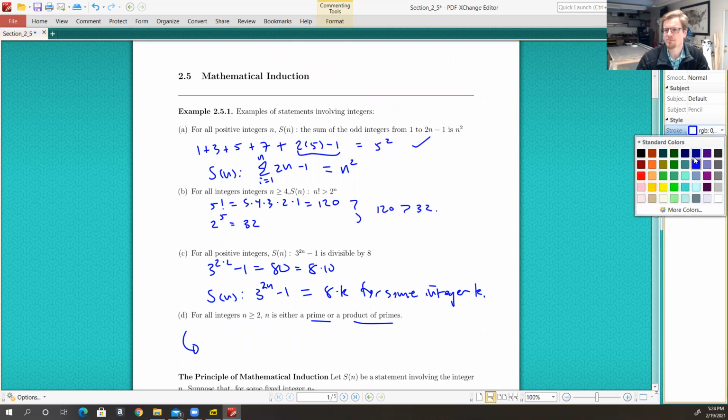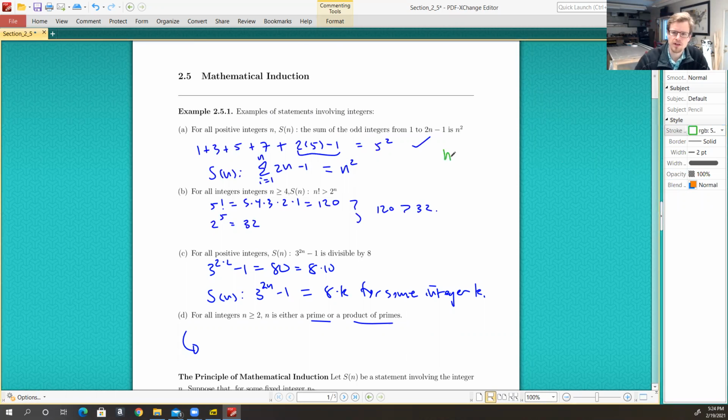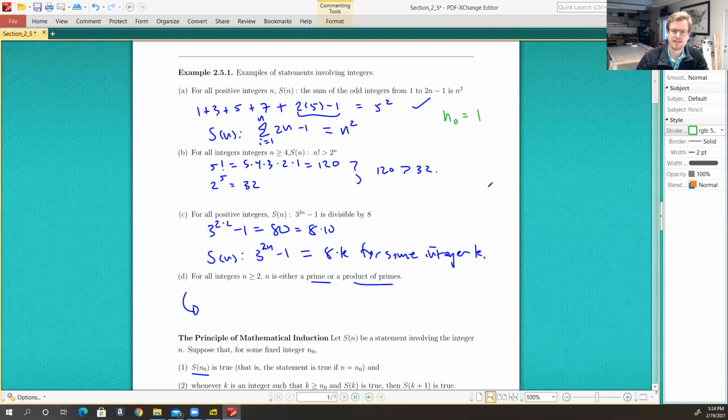So in our examples above, our base cases would be, for the first one, the smallest value of n that we could have is 1, because we're looking at all positive integers. So it can't be negative and it can't be 0. For the next example, our smallest possible value for n, our base case, would be n naught equal to 4.